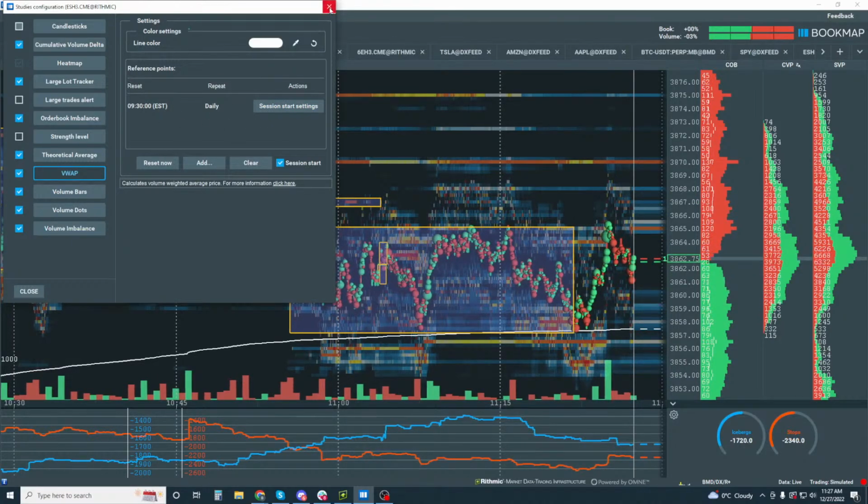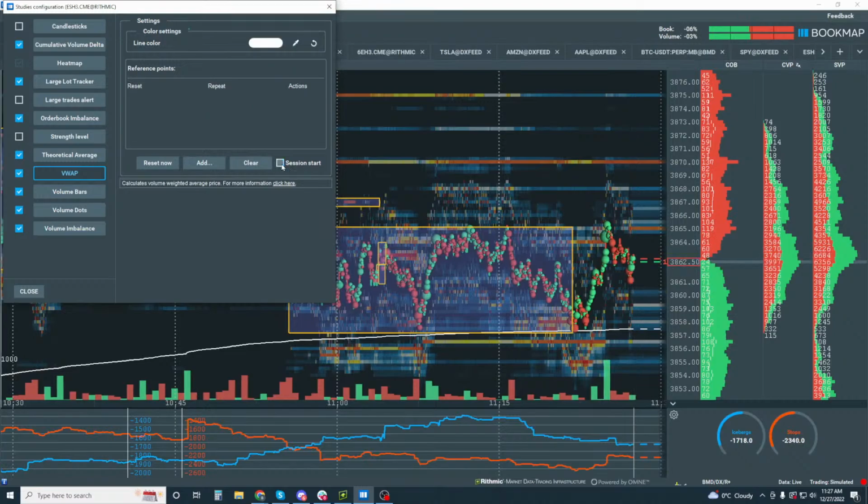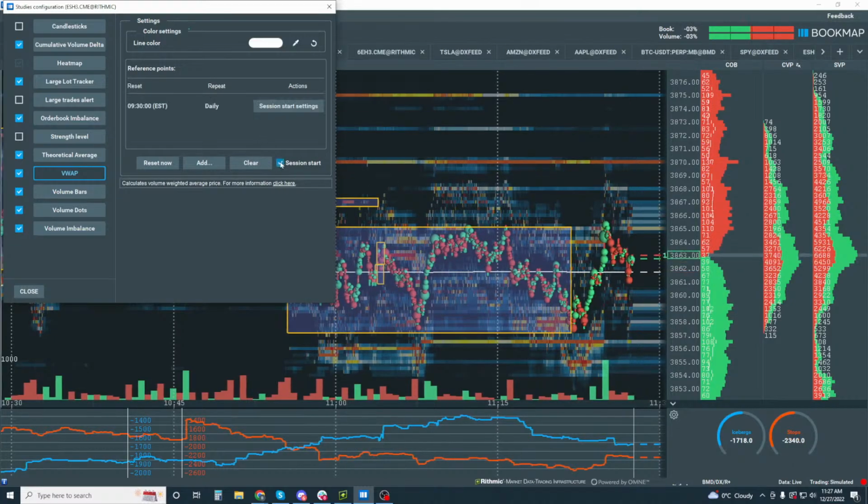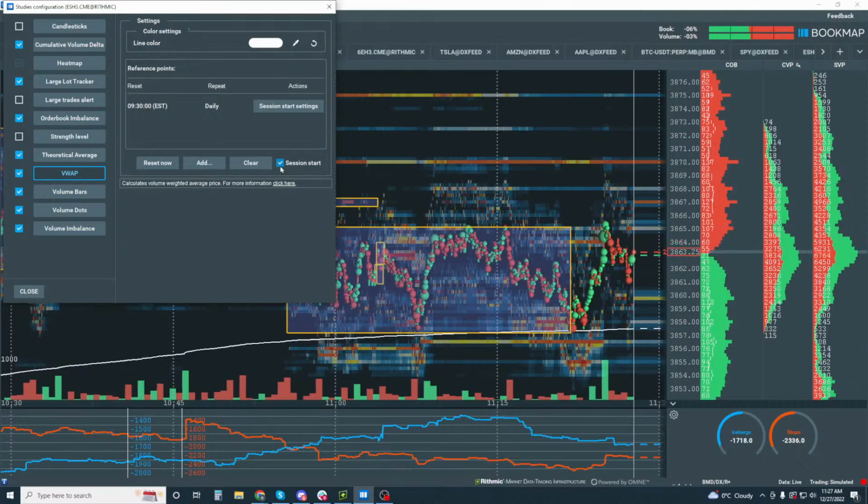This is probably why. If I don't have that, see how it comes up to 62 now. So here's where you toggle that. I have it reset at 9:30 East Coast time, so the cash open.